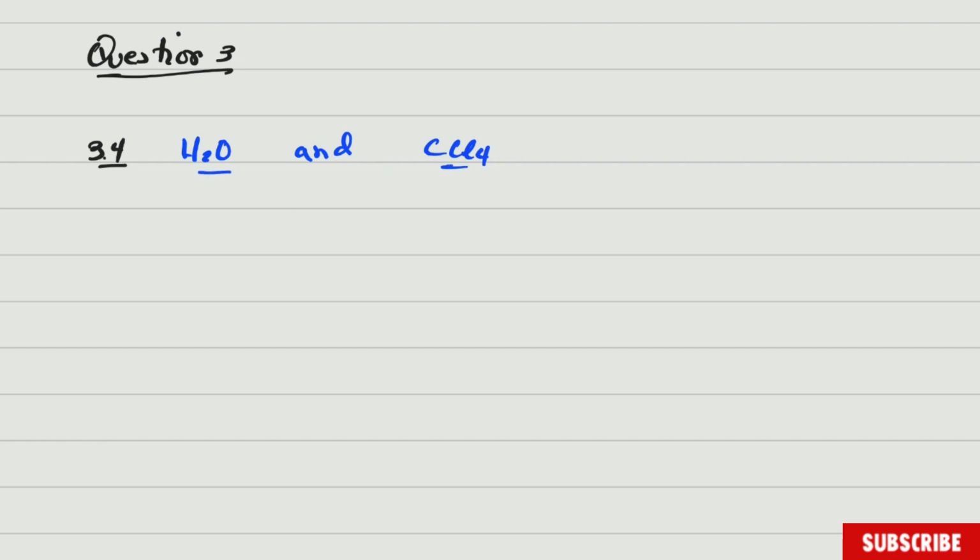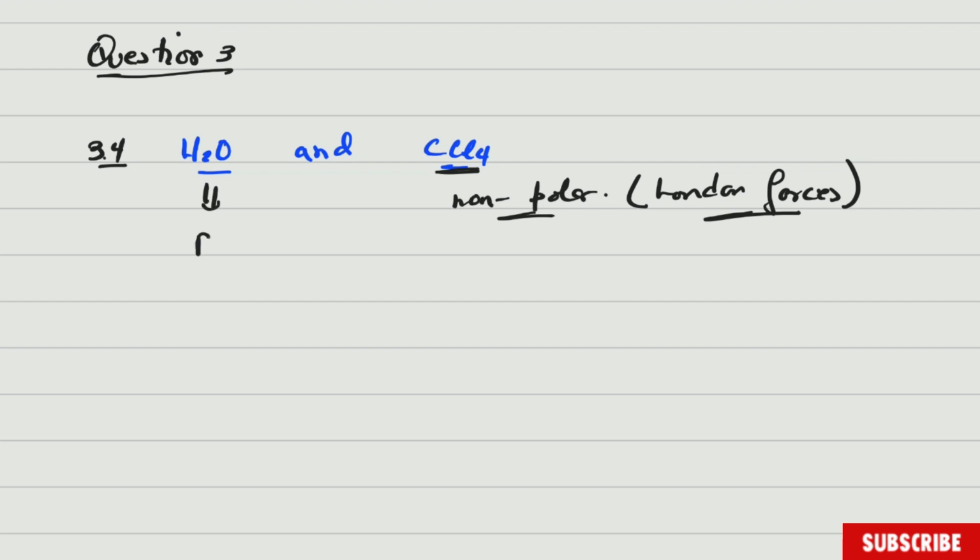What is very important to note here? First of all, CCl4 is a non-polar molecule, all right, with London forces. That is important. But H2O is a polar molecule which has hydrogen bond.